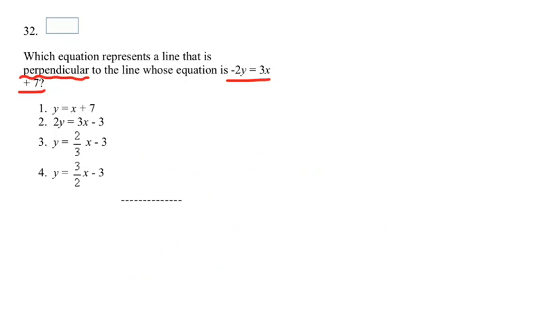In that case, the coefficient, meaning the number in front of x, would be equal to the slope. So by dividing the whole thing by negative 2, we get y = -3/2 x - 7/2 as our new equation. So you can see that our slope is -3/2.